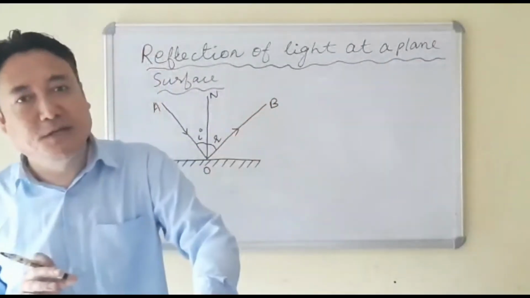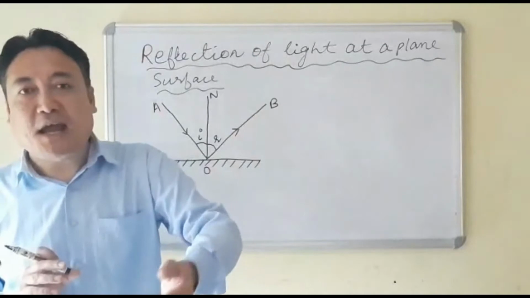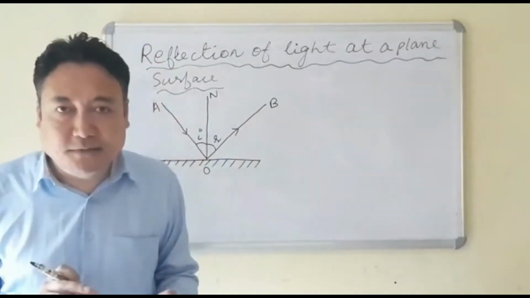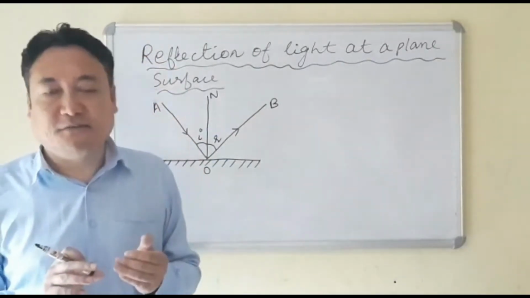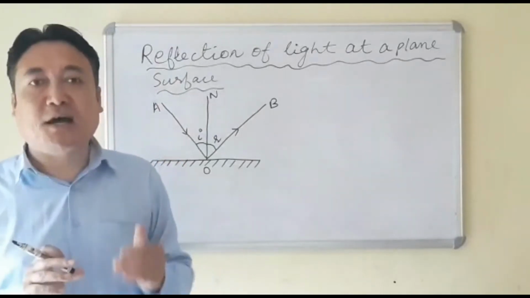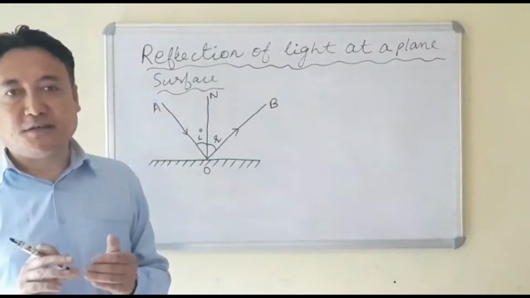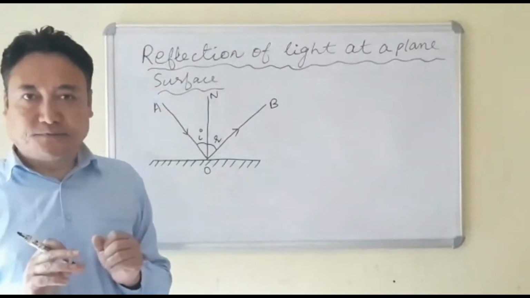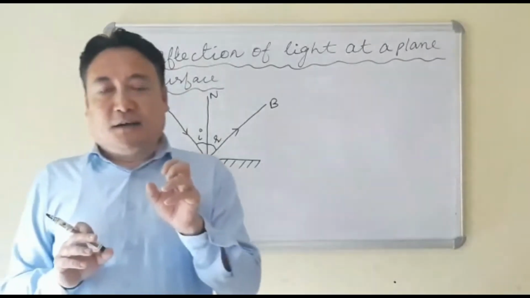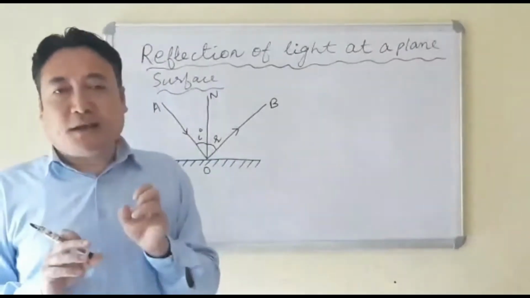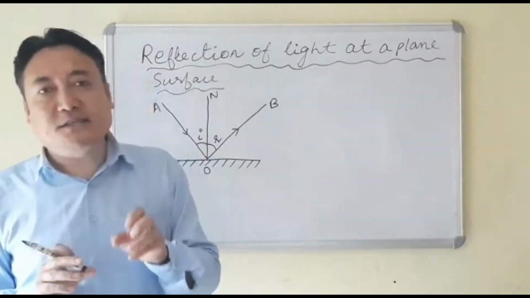That means whichever medium the ray of light is coming from, it goes back to the same medium, and we call it reflection of light. This phenomenon of bouncing back of light is known as reflection of light.